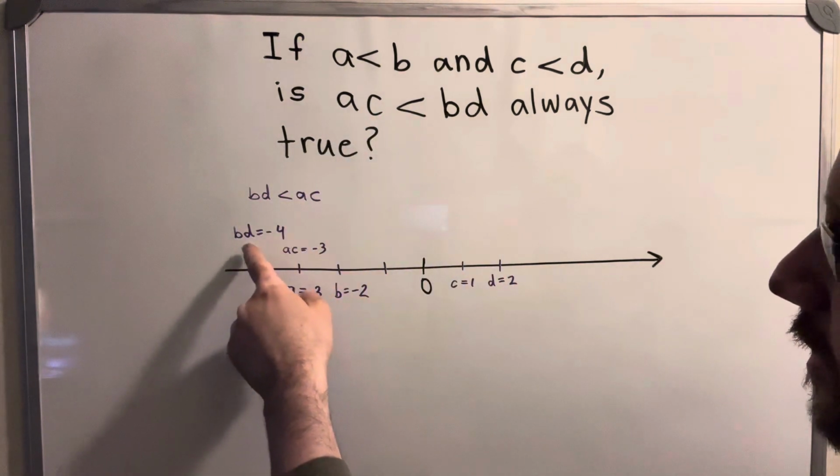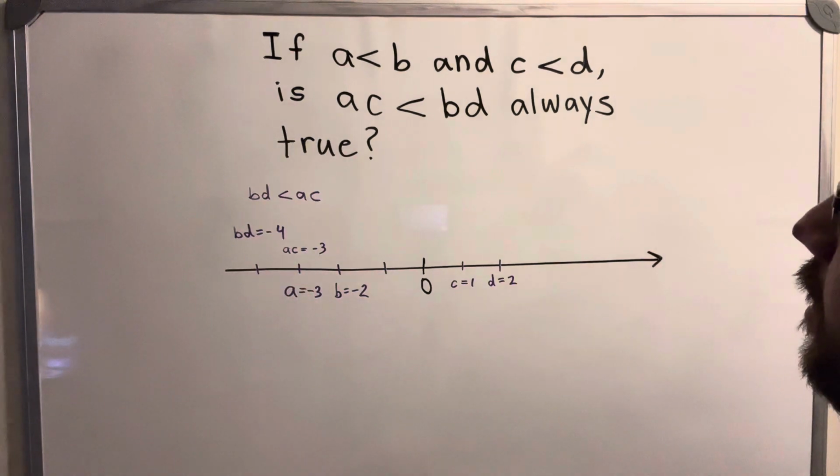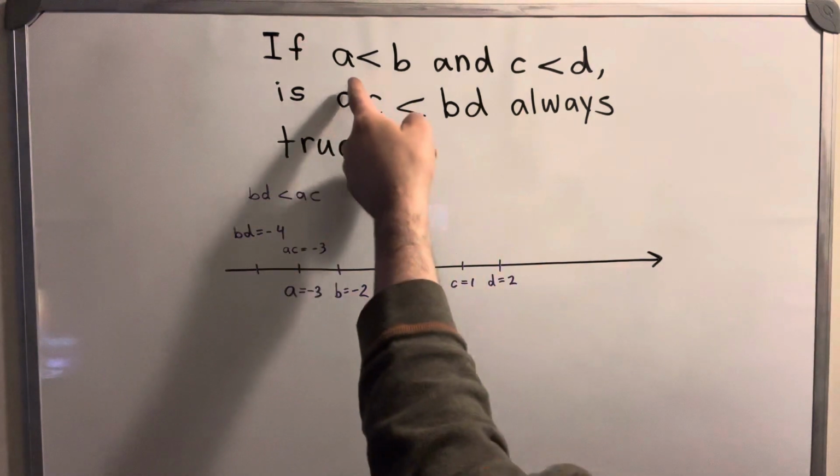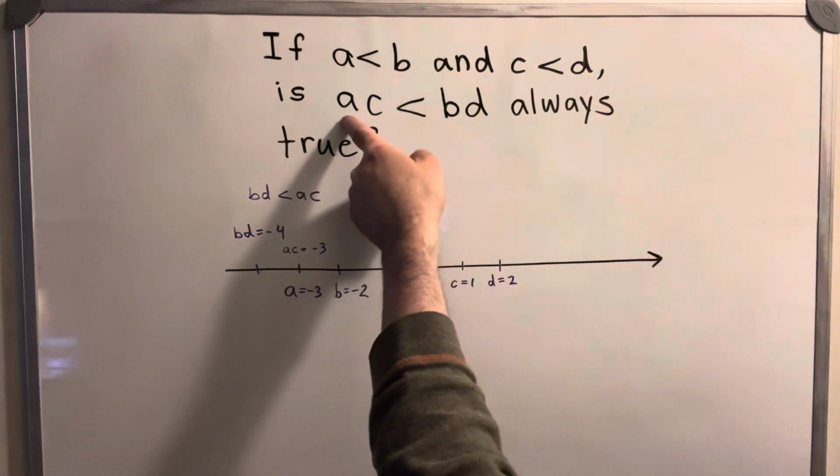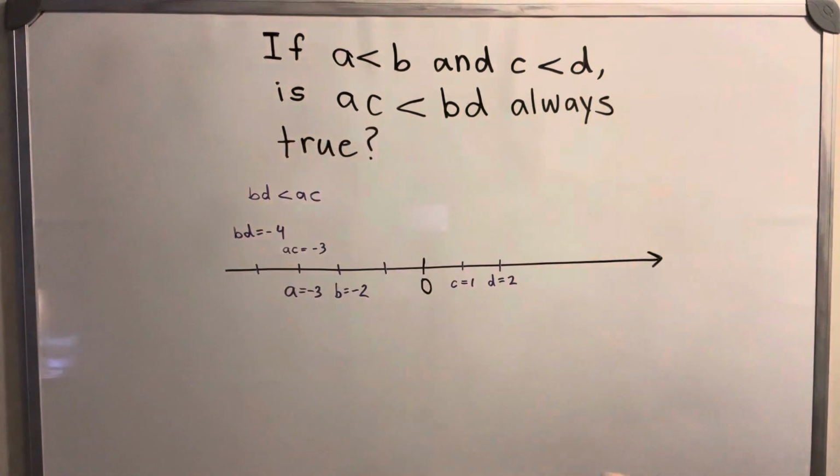BD is less than AC. So here's an example where A is less than B and C is less than D, but AC is not less than BD. So that's just one example. So this is false. If A is less than B and C is less than D, AC is not always less than BD.